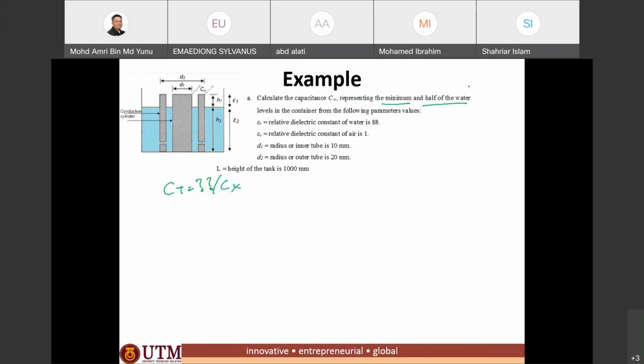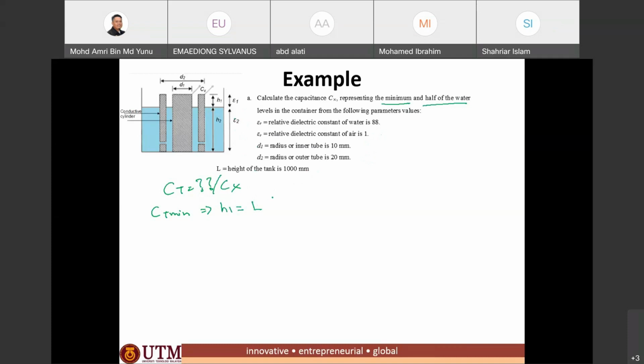What is the minimum and what's the half? For the minimum, H1 is equal to L, the total tank height.